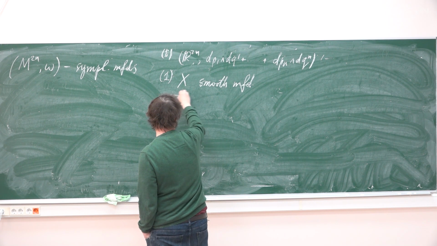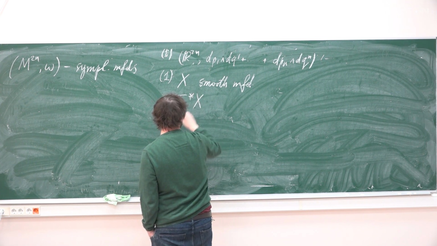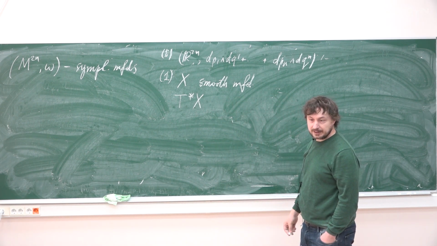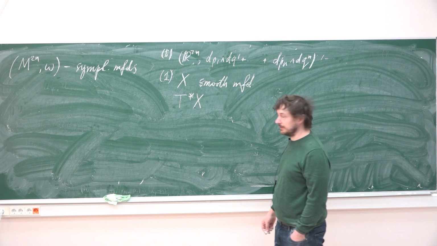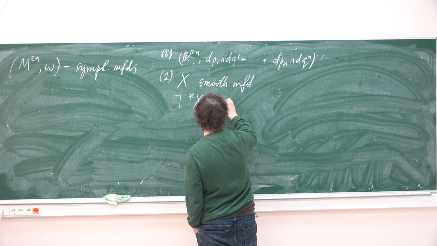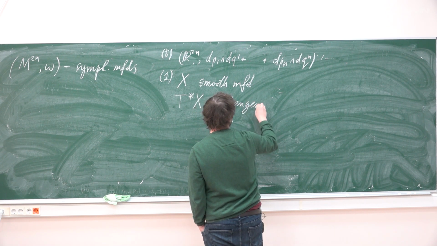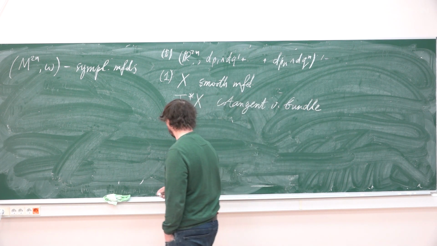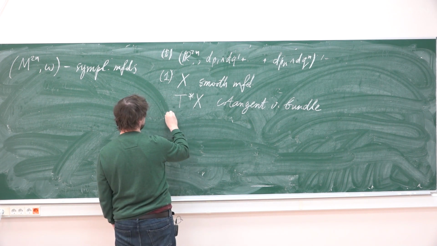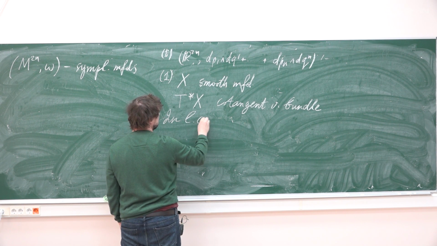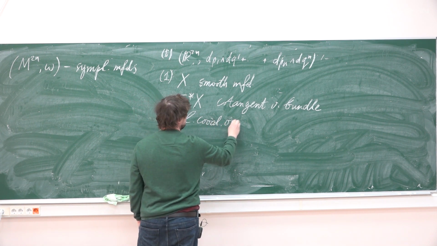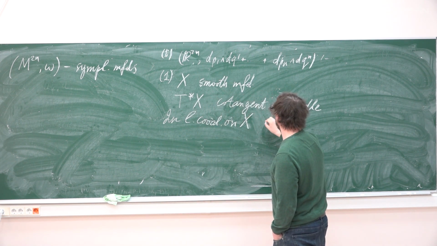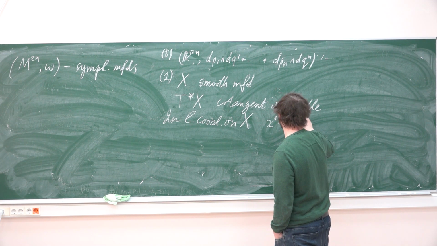If you remember, T star of X denotes the space of covectors on X. That's what they call the cotangent vector bundle of X. In local coordinates on X, let x1 through xn be these coordinates.